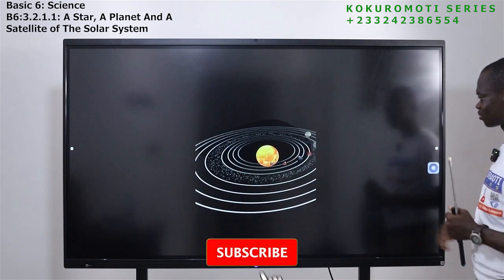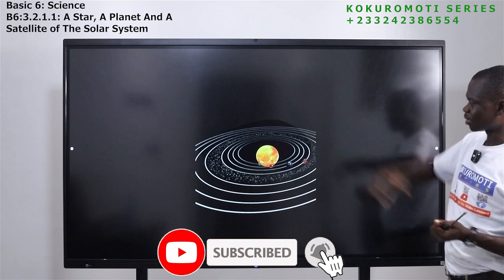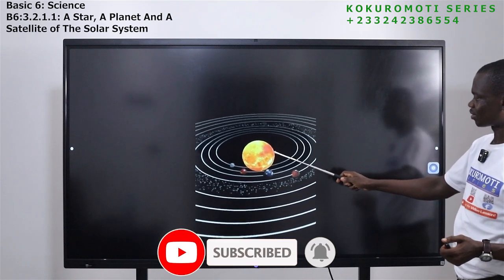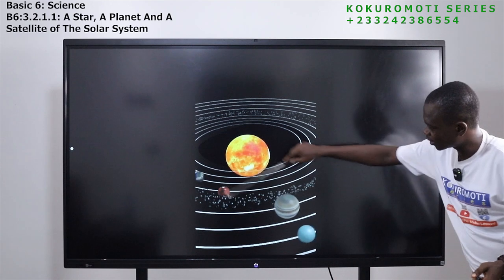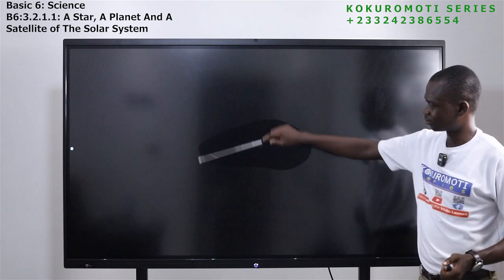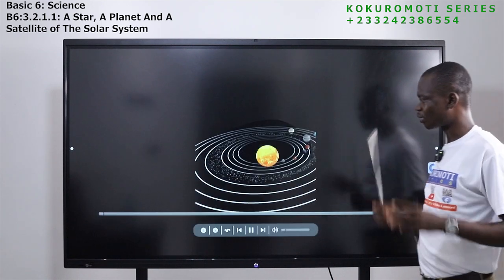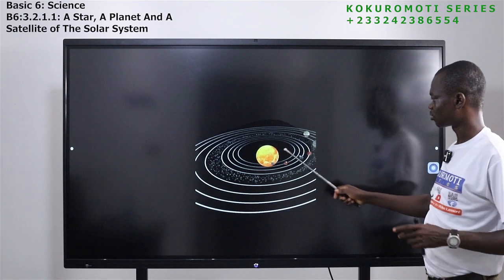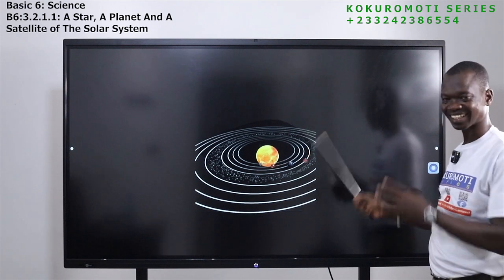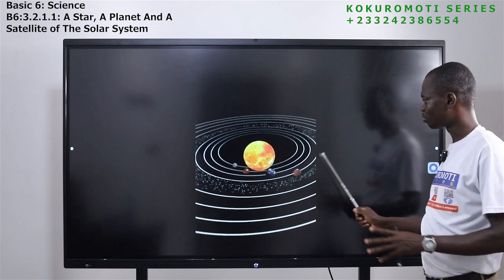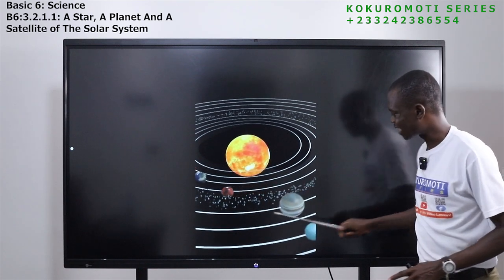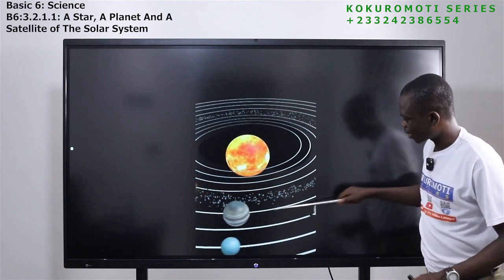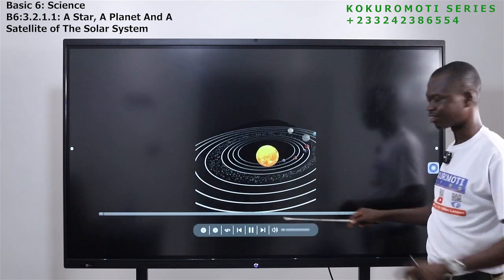So these are the planets. You see, this is the sun. And you see the planets, they are moving around the sun. So all planets move around the sun. The sun is at the center. It doesn't move. But all the other planets are moving in their orbits, their path around the sun.